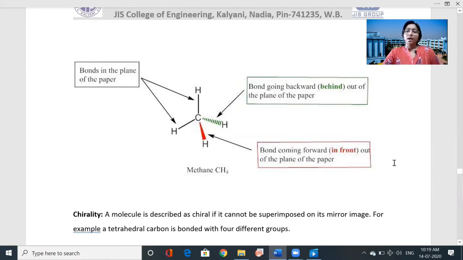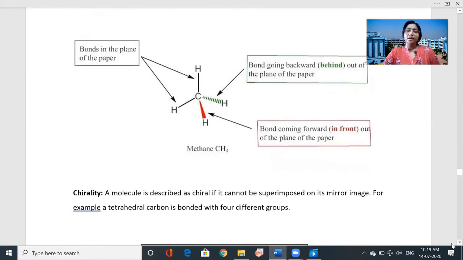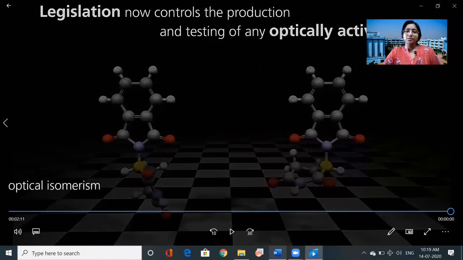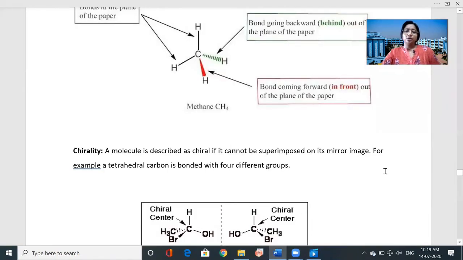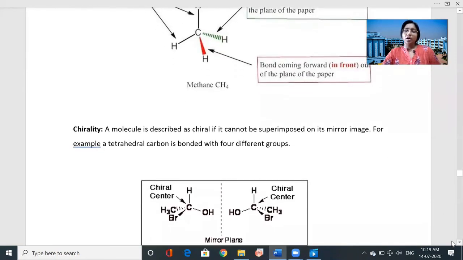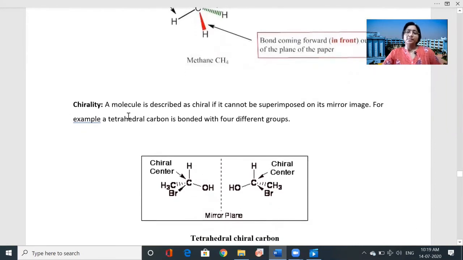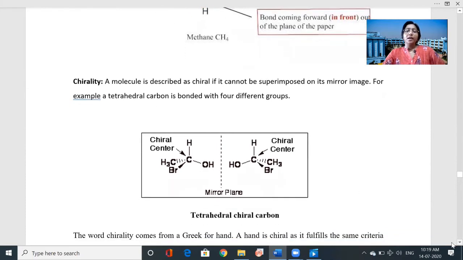Now I will tell about chirality. So what is chirality? Already you have seen in the video what chirality is. Now if we represent it in definition form, a molecule is described as chiral if it cannot be superimposed on its mirror image.